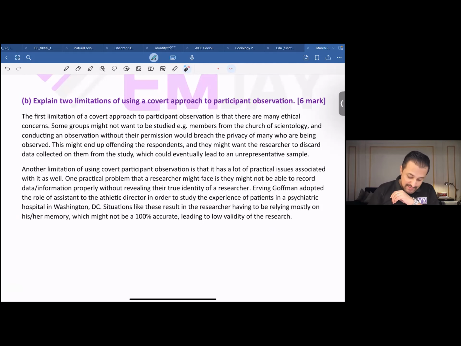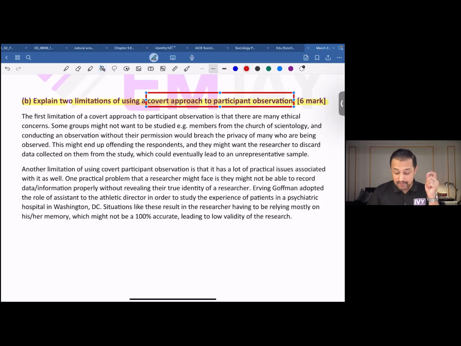Question 2B reads, explain two limitations of using a covert approach to participant observation. In other words, the paper setter wants us to write down two disadvantages of covert participant observation, right?